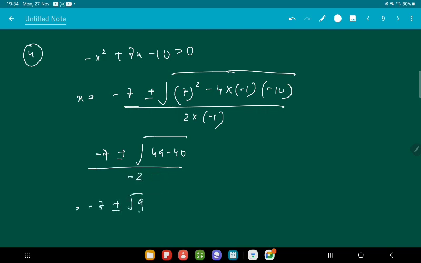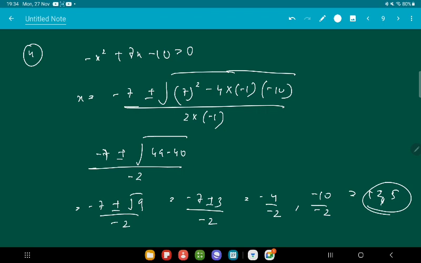Minus 7 plus minus root 9 by minus 2, minus 7 plus minus 3 by minus 2, their answer will be 2 comma 5. These are your two fundamental roots. Okay, 2 comma 5 it is.